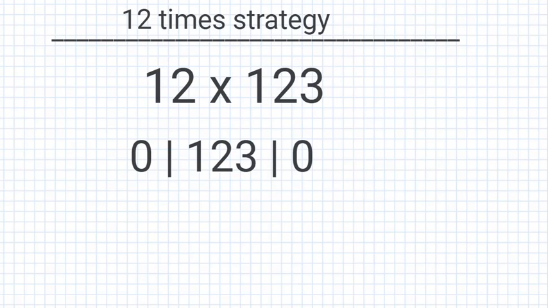So first, you're going to look at the ones place, which is 3, and you're going to take that 3 and multiply it by 2, which is 6. And you're going to take that 6 that you just got and add it to 0.